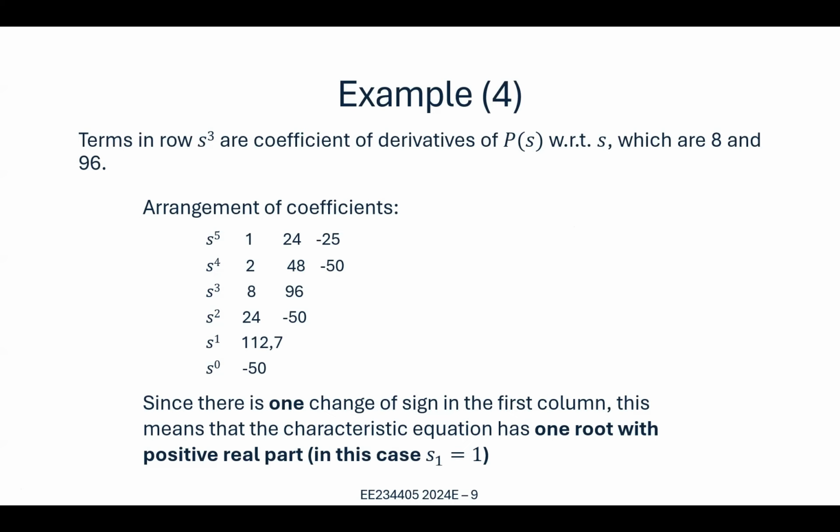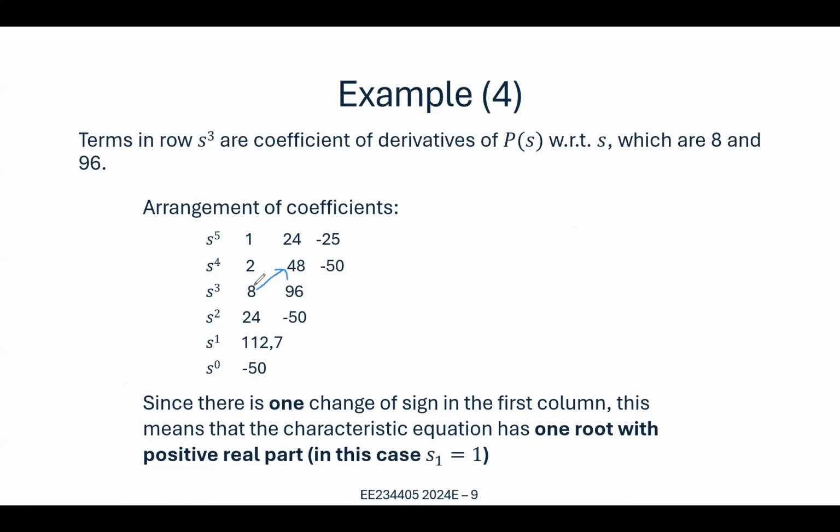So for s to the power of 5, we have 1 as before. What changes here is this third row with s to the power of 3, which has 8 and 96.